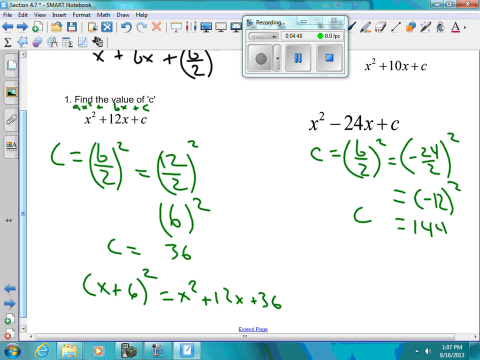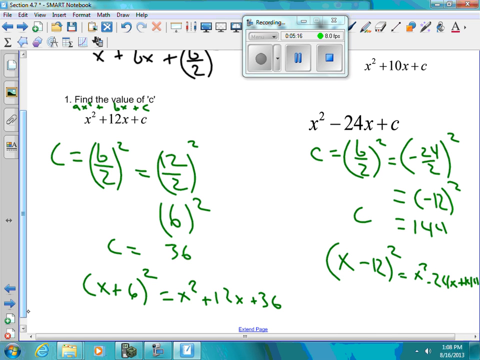That's what makes it a perfect square trinomial. And over here, we can rewrite this as x minus 12 squared. That's the same thing as x squared minus 24x plus 144. So that's really what we're doing. We're finding the value of c to form these perfect square trinomials. If you want to try x squared plus 10x plus c, go ahead.